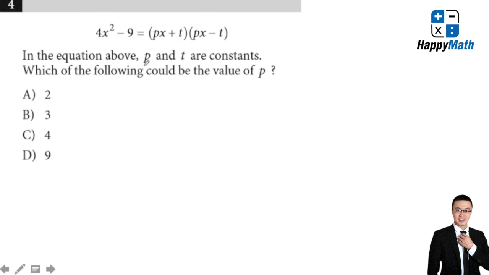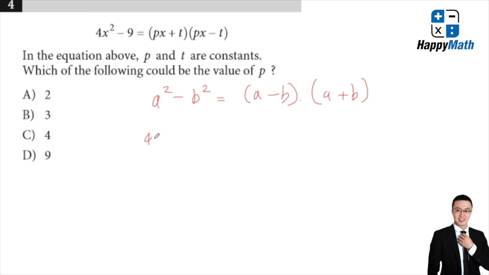In the equation, P and T are constants, and the following could be the value for P. From here I will use the difference of two squares formula: a squared minus b squared is equal to the first bracket a minus b and the second bracket a plus b.